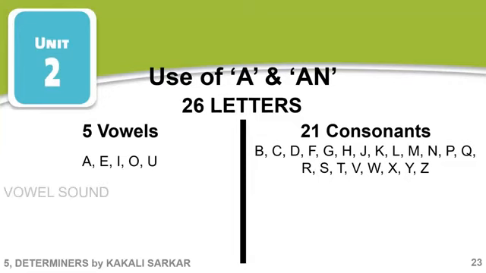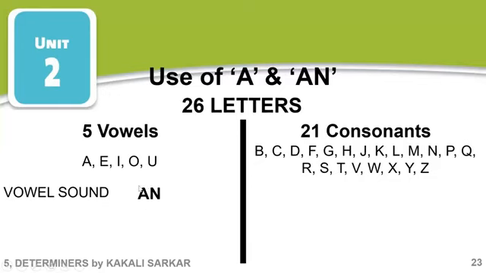When a word starts with a vowel, that means it begins with A, E, I, O, U, and it also has a vowel sound, and definitely the noun is a singular one, then before that noun we use an.